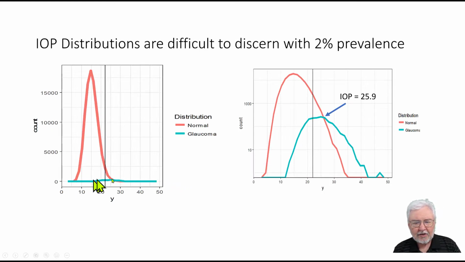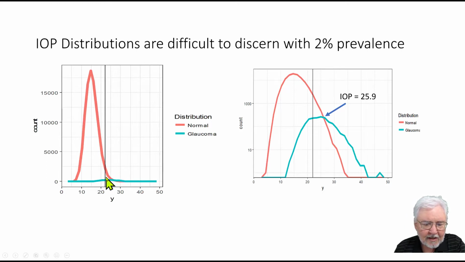Because as we look at this graph, and again, I've taken a log transformation here to make this tiny little bump look a little bit bigger so that we can see things a little better. But 22 is our cutoff. You can see over here 22.